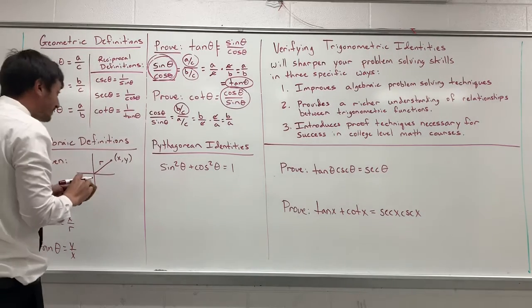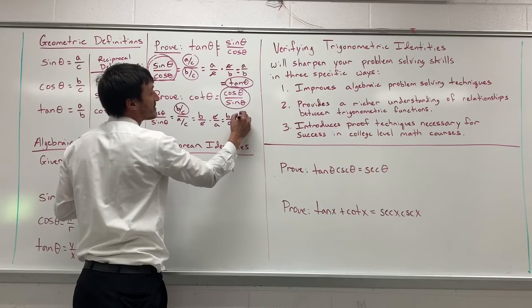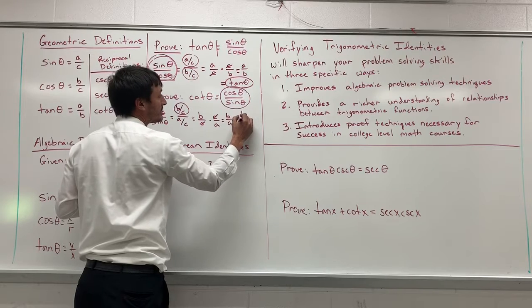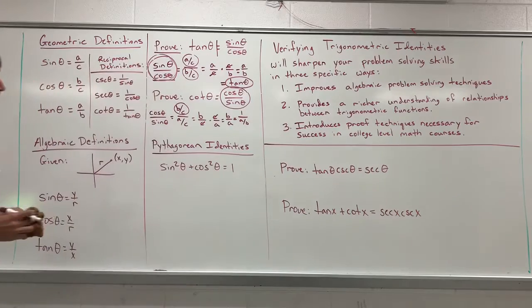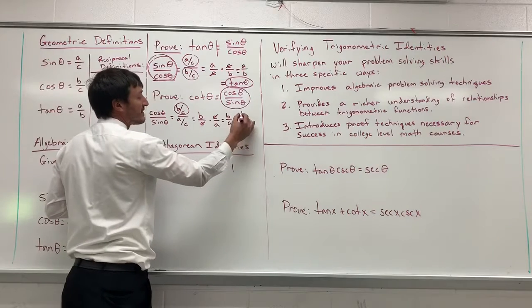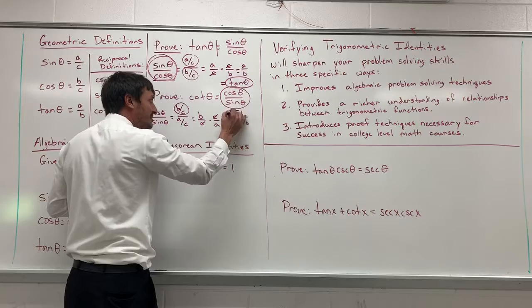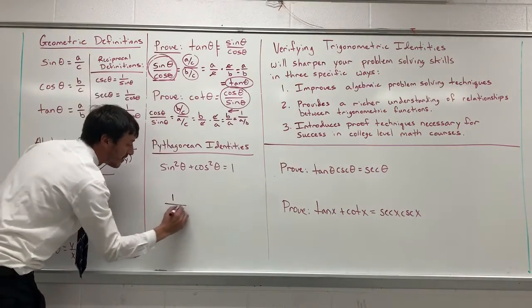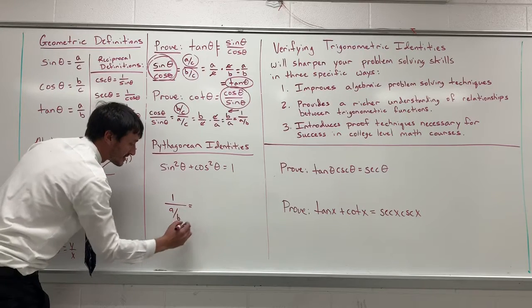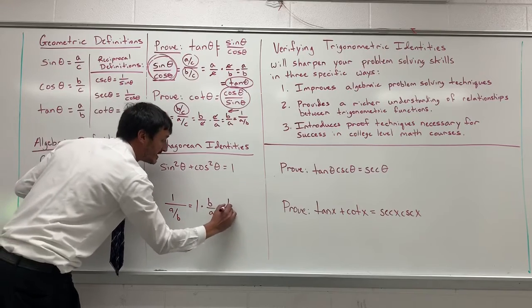And notice that B over A can be written as 1 over A over B. Sometimes it's hard to see, this is kind of a complicated step, but if I started with 1 over A over B, do you guys agree that that would be 1 multiplied by the reciprocal B over A, which is equal to B over A?